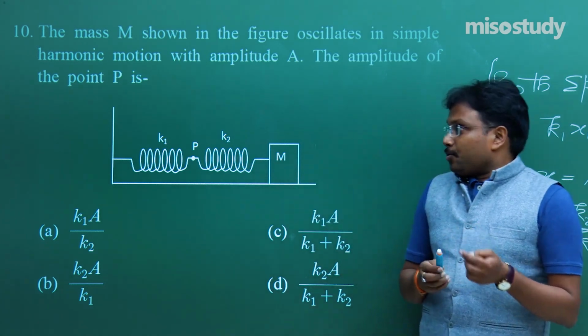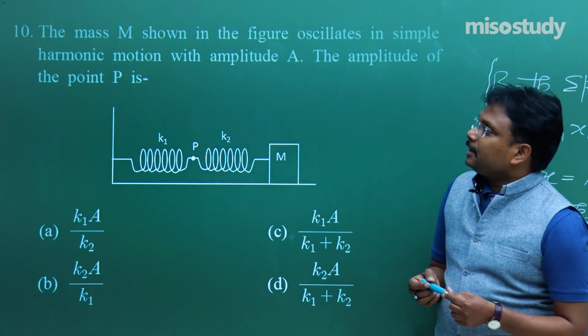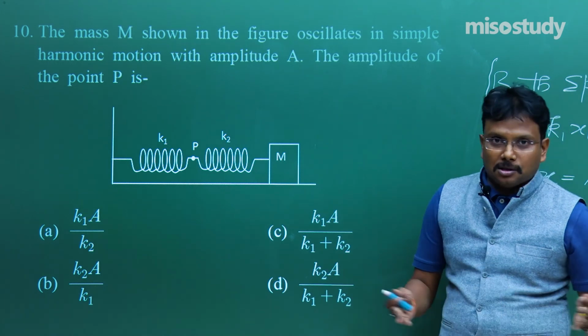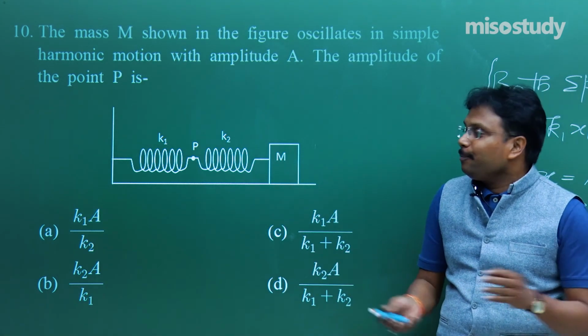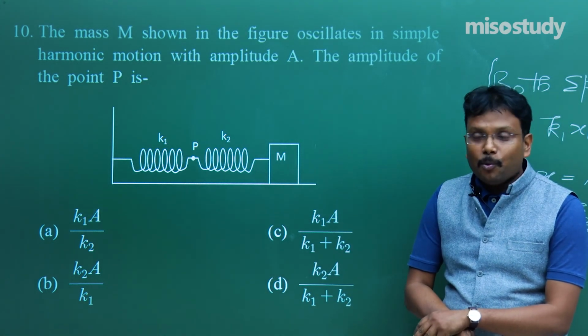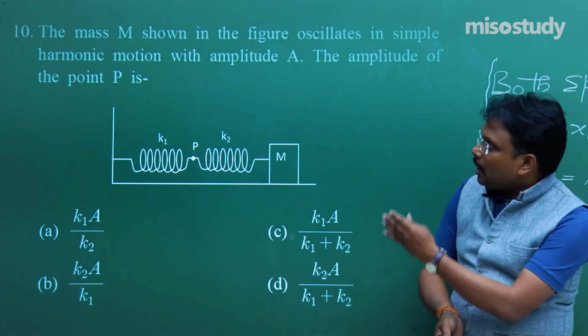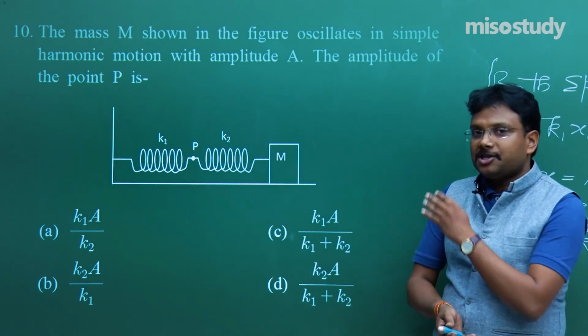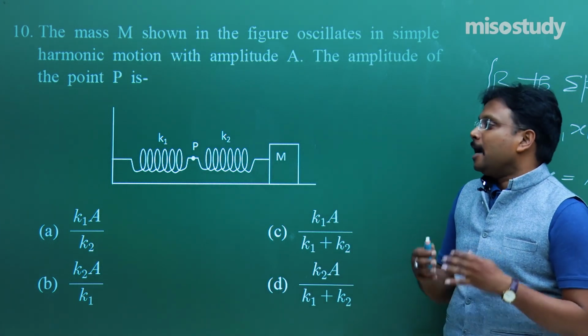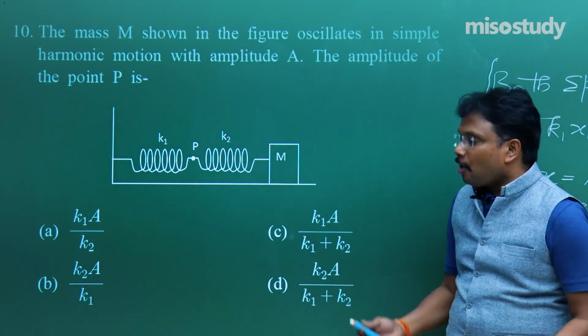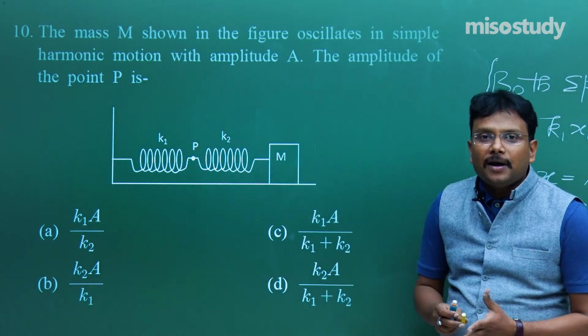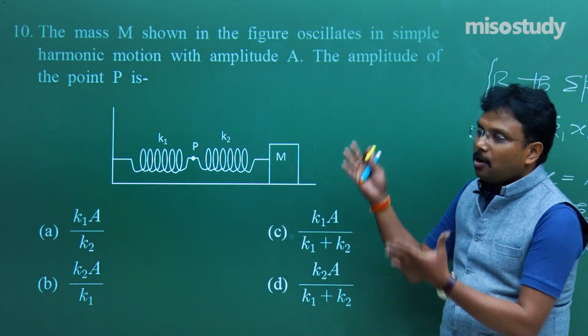So students, this entire discussion from the last more than 1 hour, associated with simple harmonic motion or oscillations, in which we tried to discuss various types of problems to give you different understanding of these concepts.